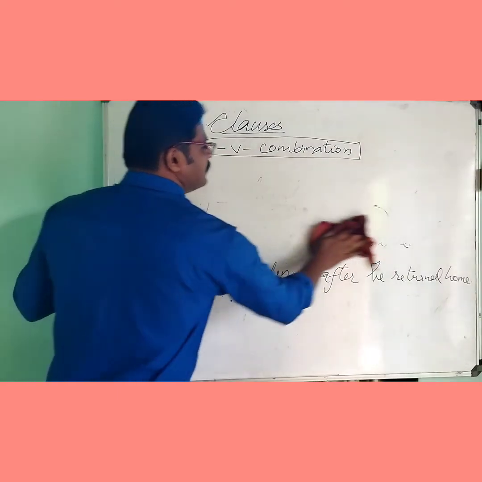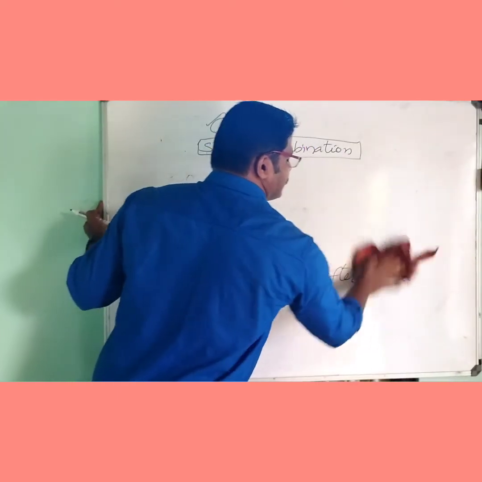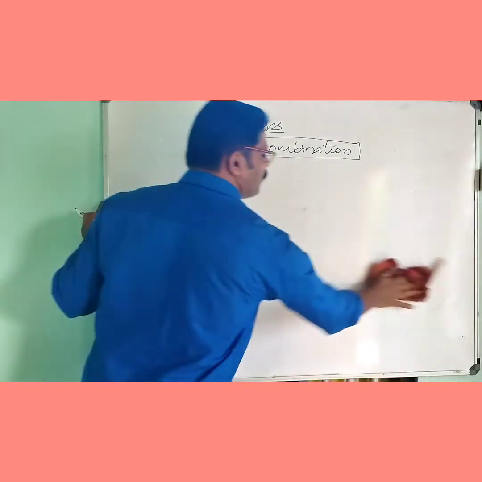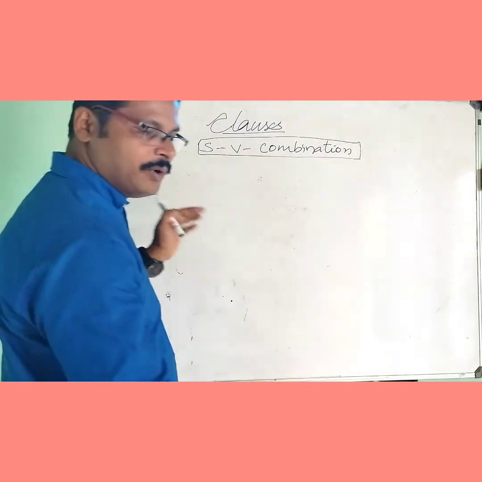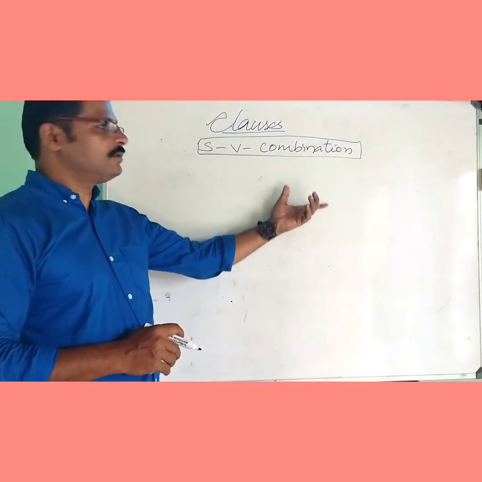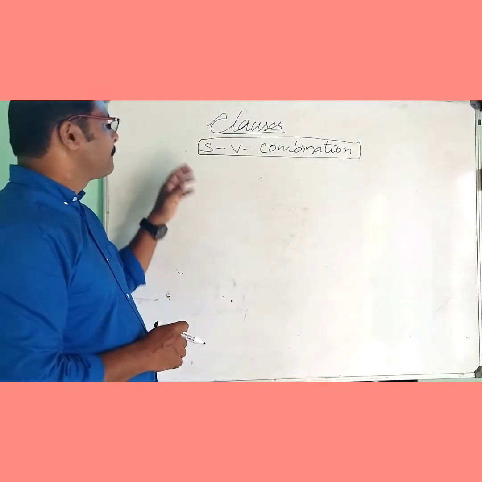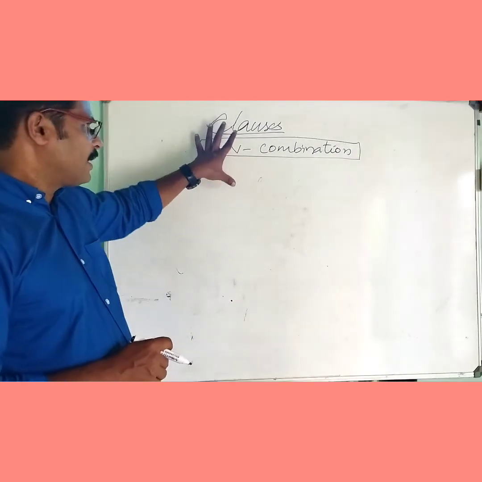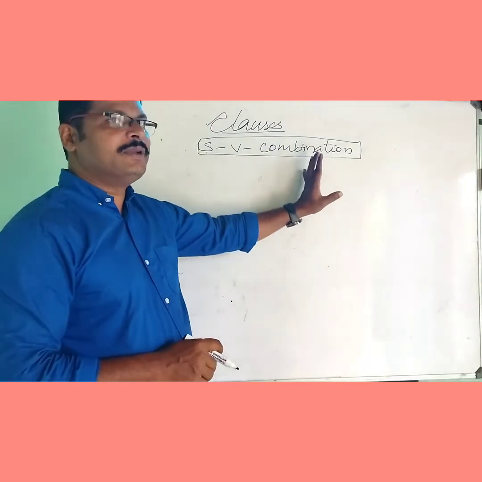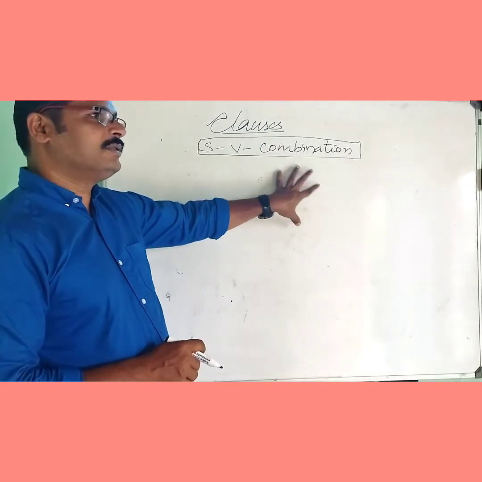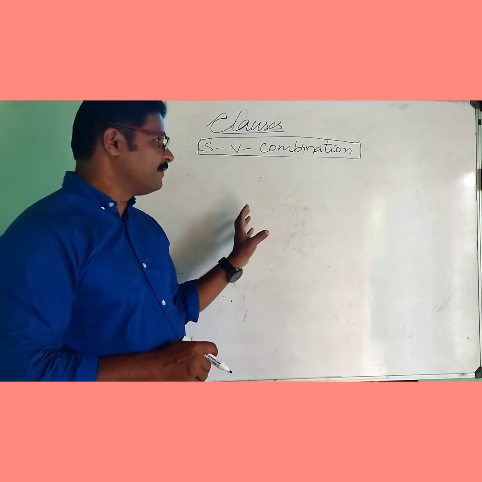Okay, students. So phrases and clauses are similar in one aspect, that is, both are groups of words with meaning but not giving us a complete meaning. A phrase, as we saw earlier, has no subject-verb combination. It is a group of words added to a sentence to make it more meaningful.